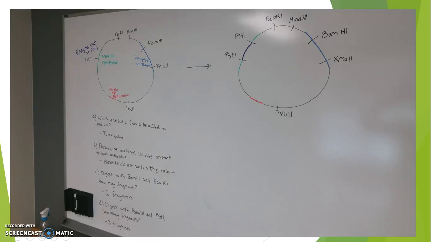I drew out the plasmid right here, before it was cut and the insert was added. As you can notice, the PstI site is right here in the ampicillin region.